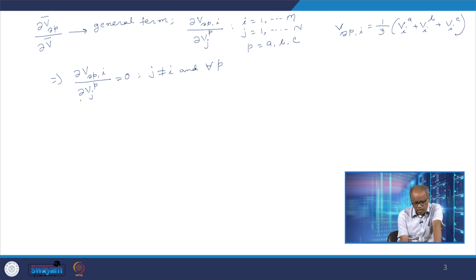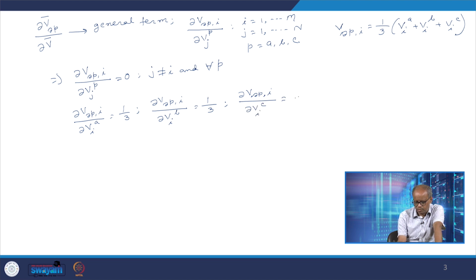Correct, only del V specified I by del VIA would be equal to 1 by third, del V specified I by del VIB would be 1 third, and del V specified I by del VIC would be 1 third.